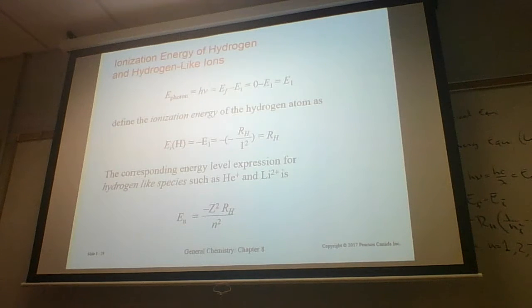And so this is going to be 0, and this is going to be negative 1, so it just comes out to plus R sub H. And so the ionization energy for hydrogen is 2.179 times 10 to the minus 18 joules. And so that's it.